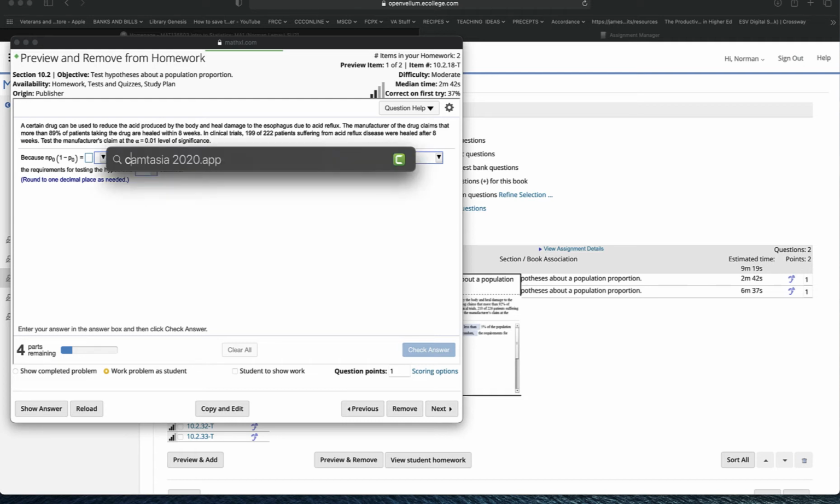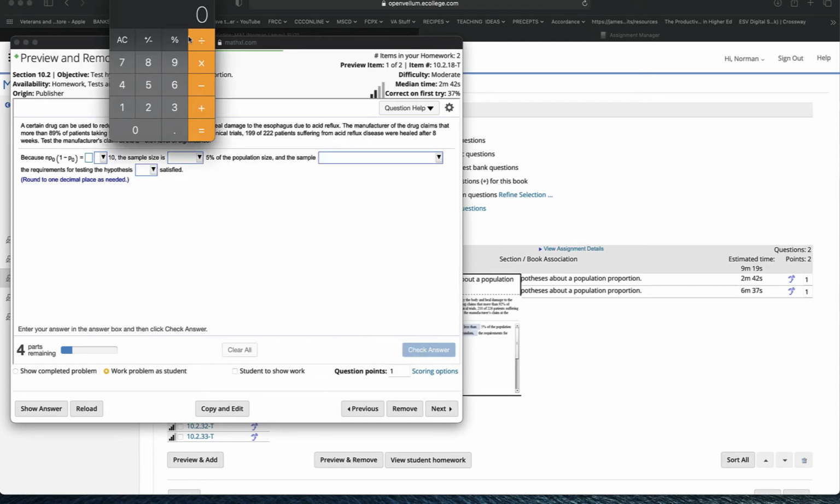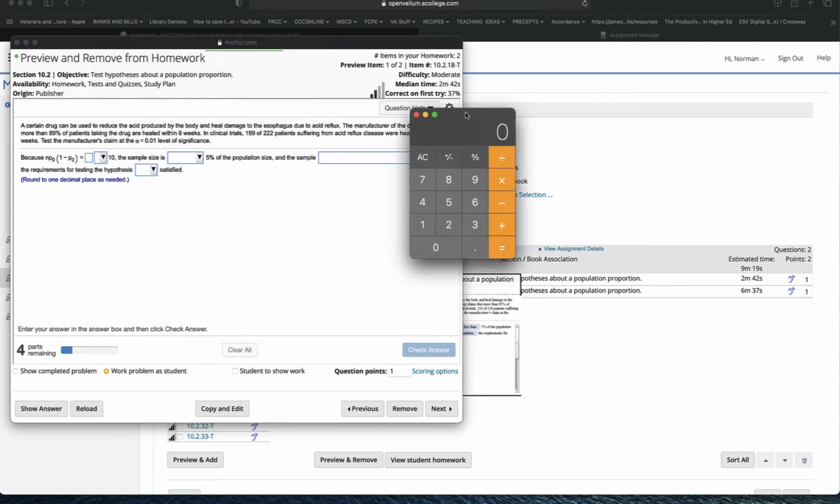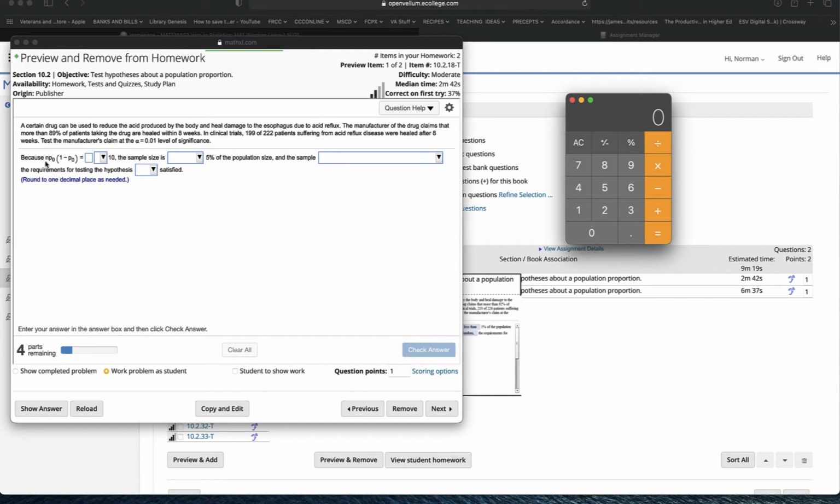Let me pull up my calculator here. A real simple computation shows that if we take n, which is 222, times p under the null, times 1 minus p under the null, which is 0.11, we get about 21.7, which is way bigger than 10.